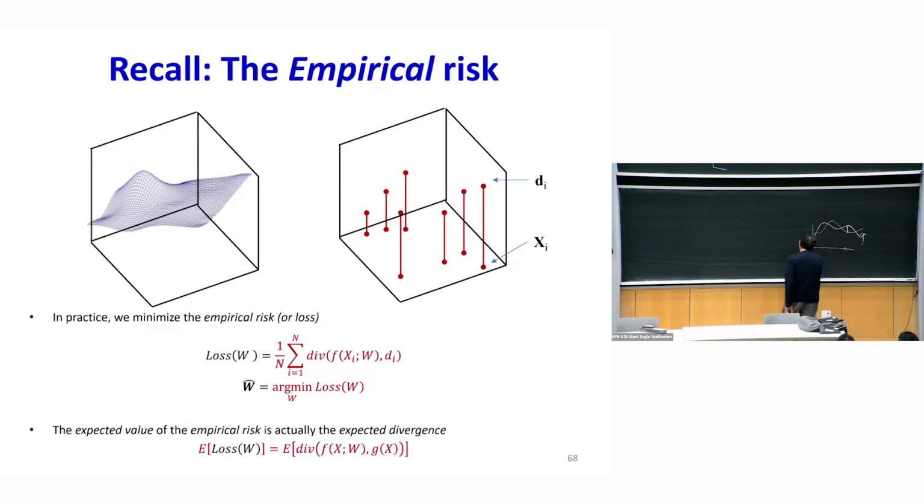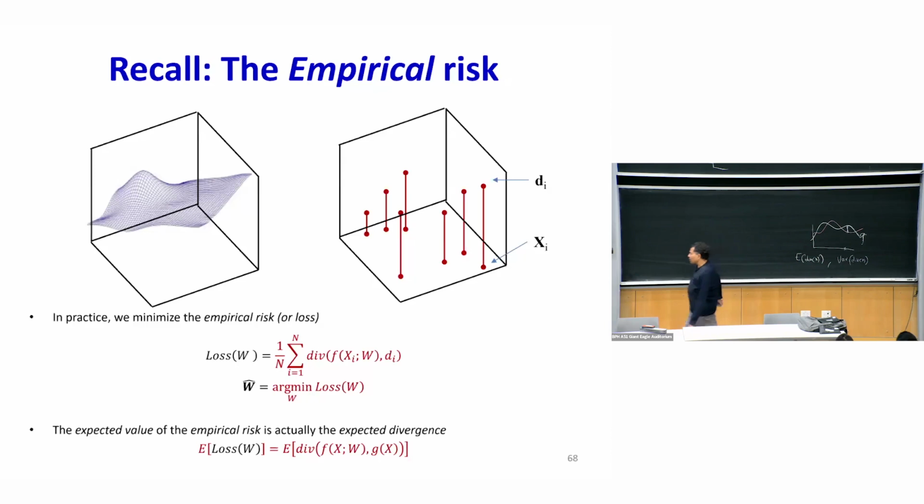And so the expected divergence of x is basically what we're trying to minimize. This is the expectation. But then, is it always going to be the same? Is the divergence going to be the same at every point? No. So it's also going to have a variance, right? So the two characteristics for this are going to be the expected divergence and the variance of the divergence of x.